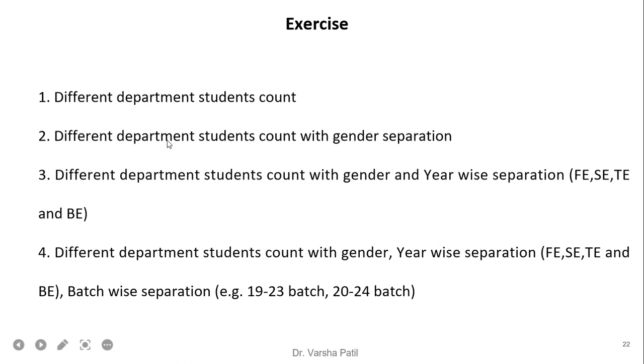One is gender and second is different department categories. Here different department categories, gender and year wise separation is given. So three features are involved, and here again four features are involved, that is different department category, gender, year wise separation and batch wise separation. For example, in 2024 batch again FAC, TB are there, so that you require to make.